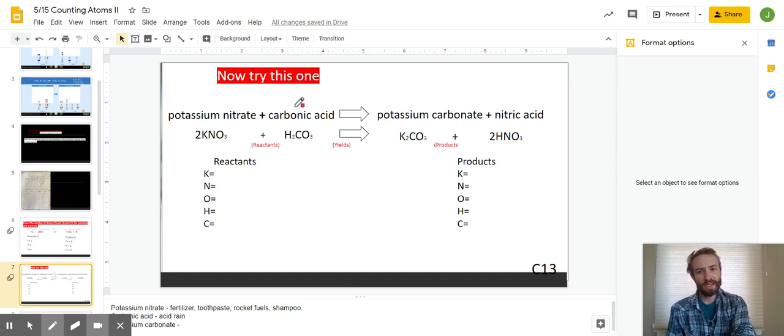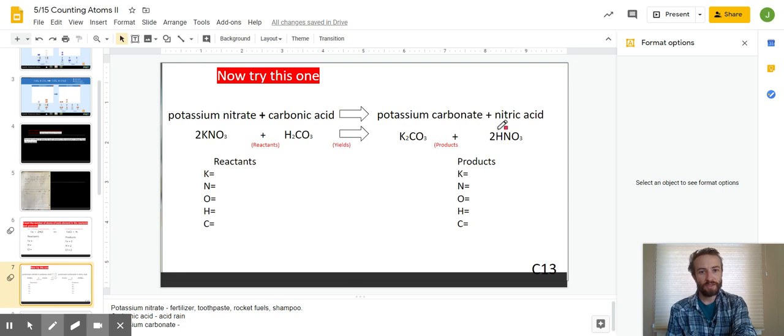And then carbonic acid is basically acid rain or carbonated water. So those are our reactants, and they yield potassium carbonate and nitric acid. So K2CO3 reacts with 2HNO3.